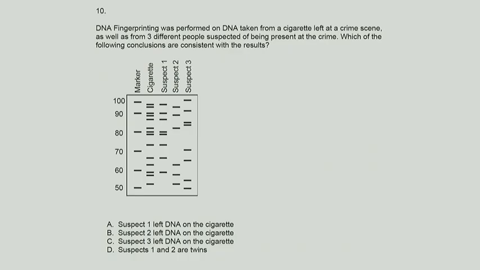Suspect 2, every single band aligns with something that is on the cigarette. Clearly, the cigarette has way more bands. It looks like there's probably a mixture. You've amplified more different DNA. And then what about suspect 3? No, right? Suspect 3, none of their bands, or very few of their bands, align with what's on the cigarette. And if their DNA was on the cigarette, you would see every band present on them also on the cigarette.